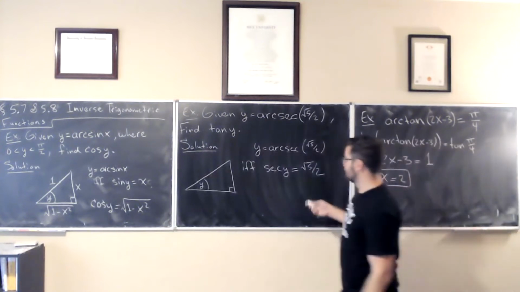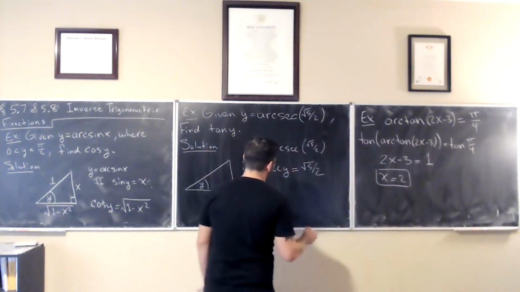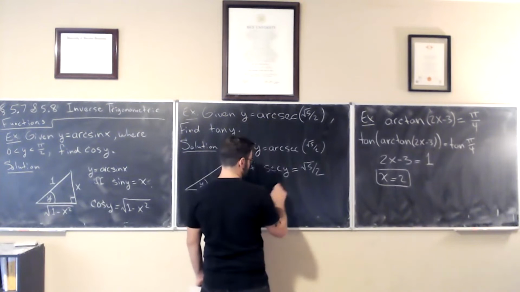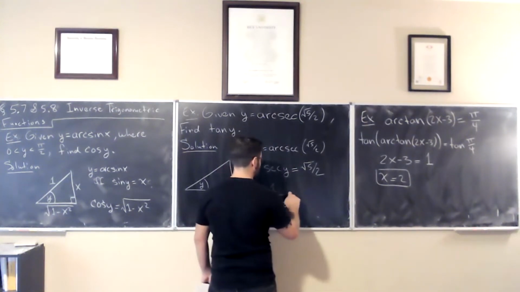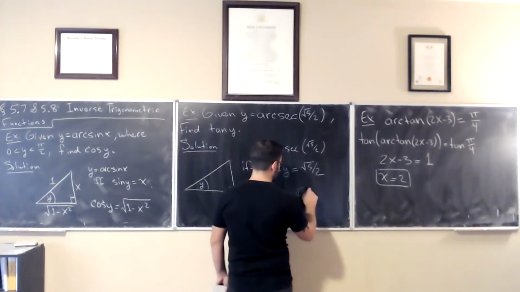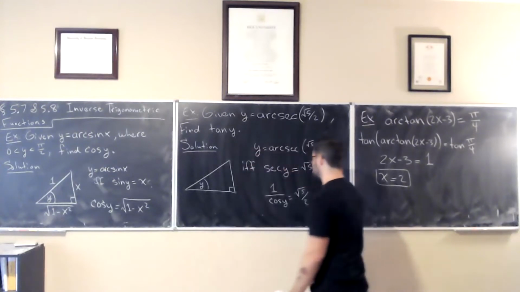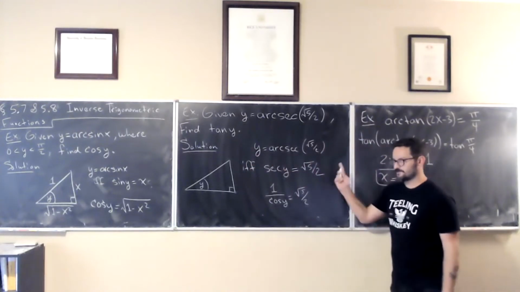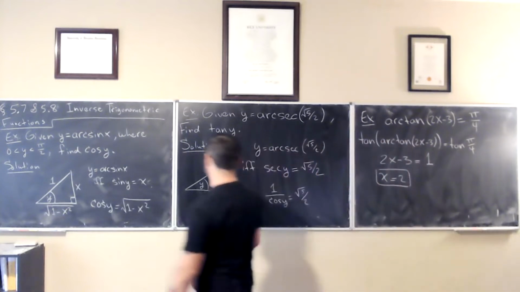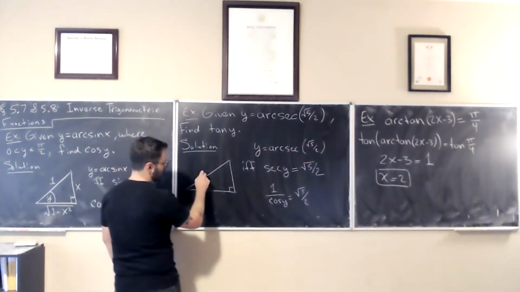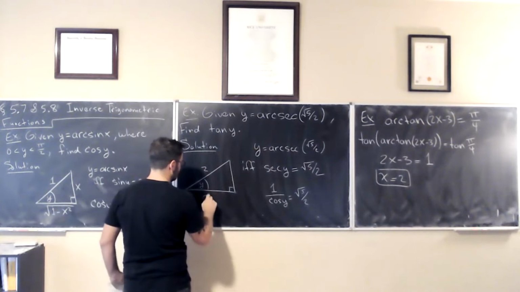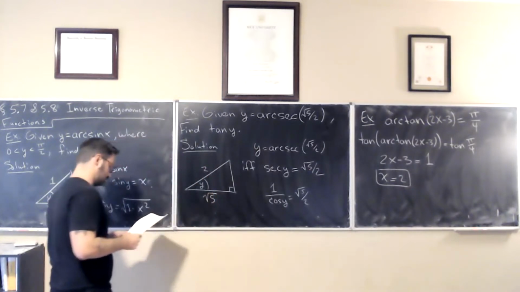Okay, so secant y is equal to that. This means that, well, I always think of it as 1 over cosine y is equal to this. Which means cosine y is the reciprocal of this value. So adjacent over hypotenuse, so this would be 2 over root 5.